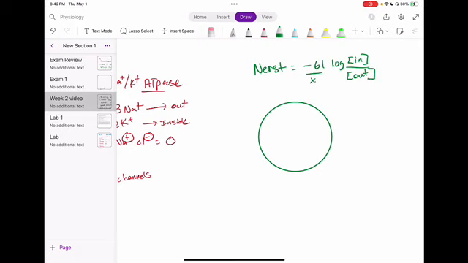I'll just put x, where x equals the charge of the ion. So, an example: sodium has a charge of +1.